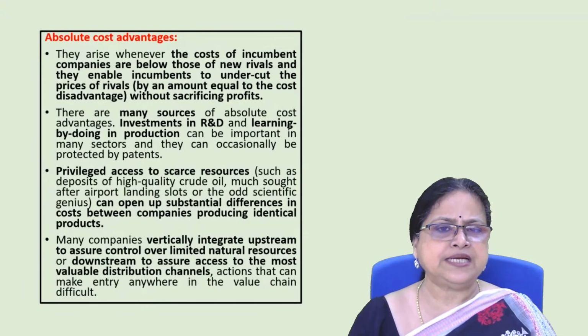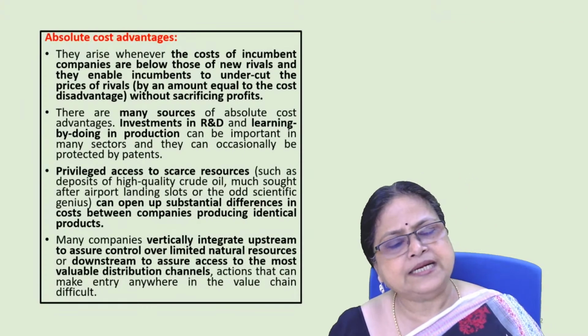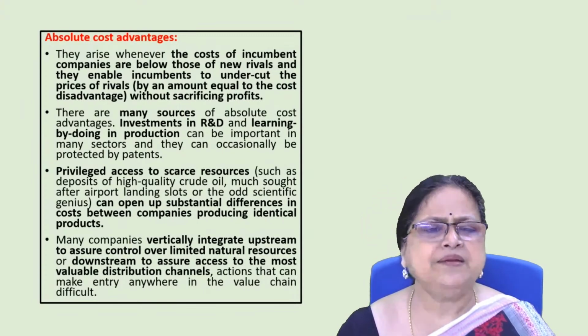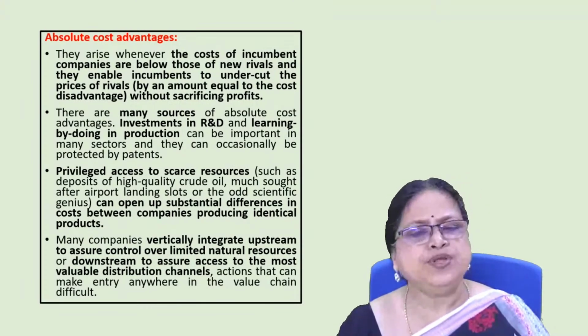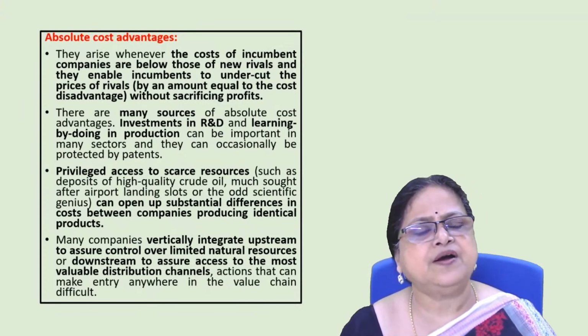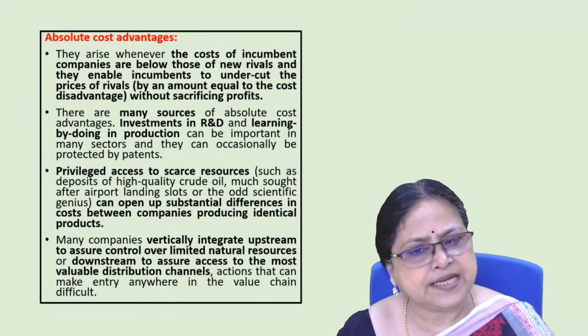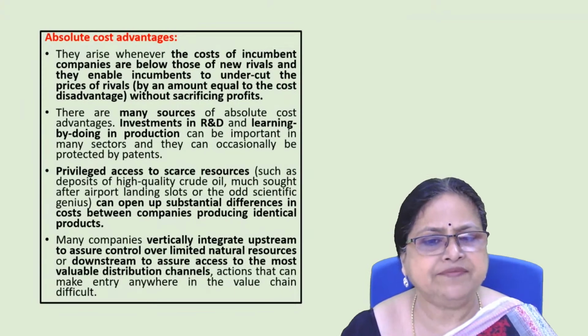Then absolute cost advantage, that is also another way of looking at the barriers to entry. There are many sources of absolute cost advantages. Investment in R&D and learning by doing in production can be important in many sectors, and they can occasionally be protected by patents. Privileged access to scarce resources is also another way of enjoying cost advantages.